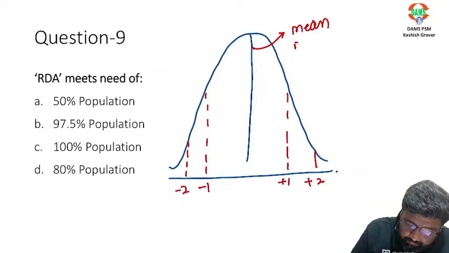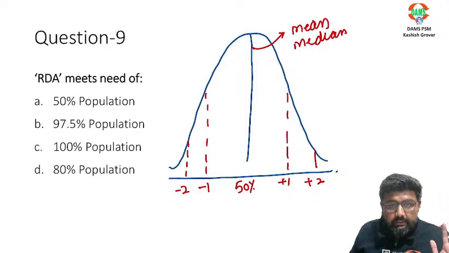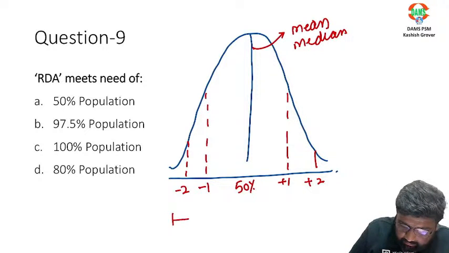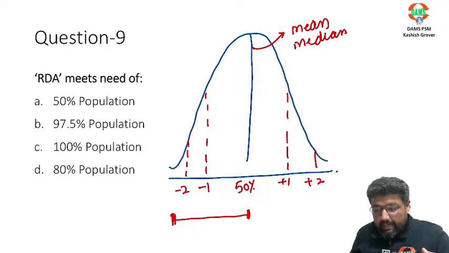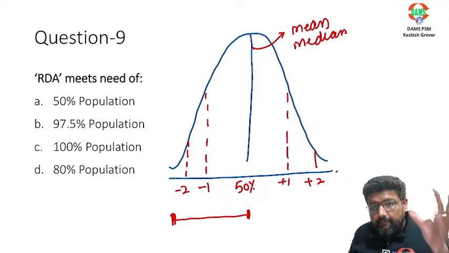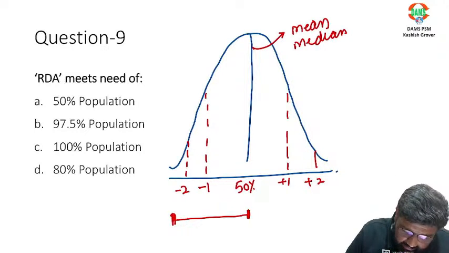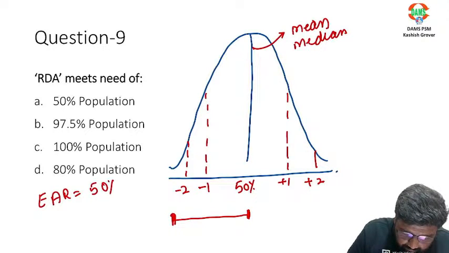This is 50%. Now the dietary intake which is sufficient to meet the needs of 50% of the population is EAR. So EAR is 50%.